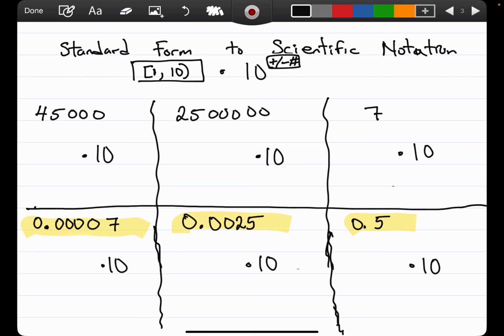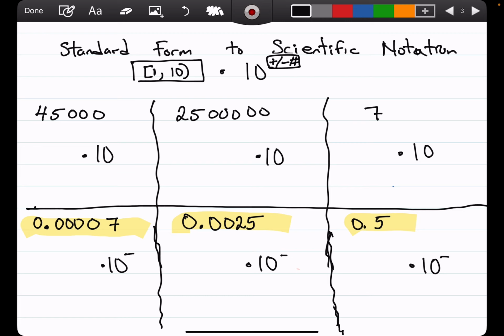The first row you see is 45,000, 2,500,000. Anytime you see that, that tells me the exponent of my 10 is going to be positive. All right. The second row, anytime you see 0 point something, 0 point anything, the cheat code means the exponent is going to be negative.